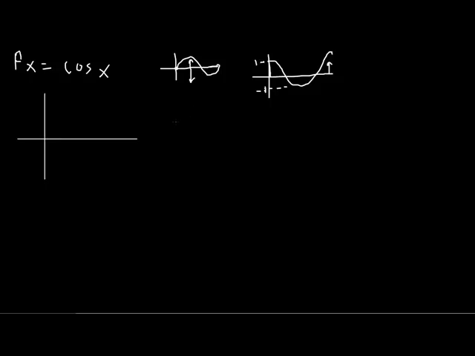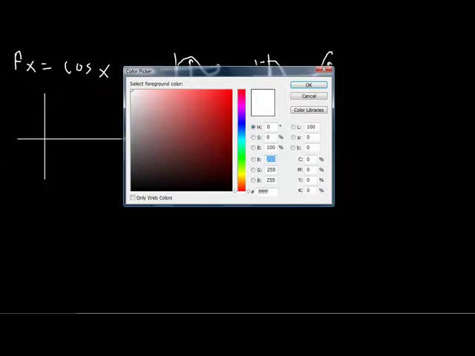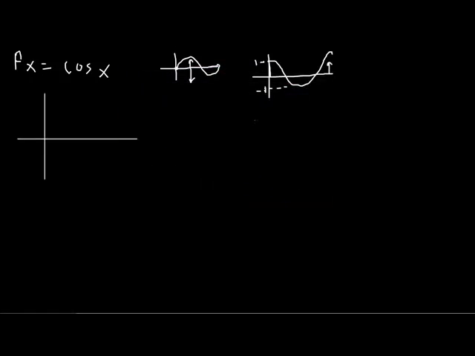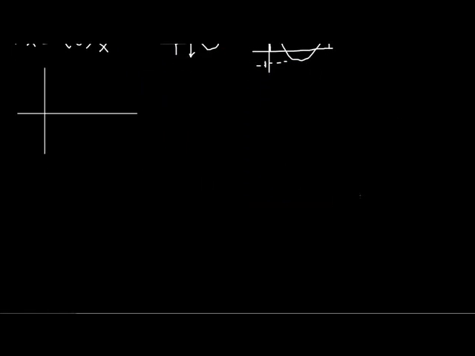Let's start with cos now. Let me use a different color for the points I'm going to plot. Let's start with the units that we use for graphing. We use either degrees or radians. So let's do the basic units: 180 equals 1 pi, and 360 equals 2 pi, because you multiply by 2 and you get 360.